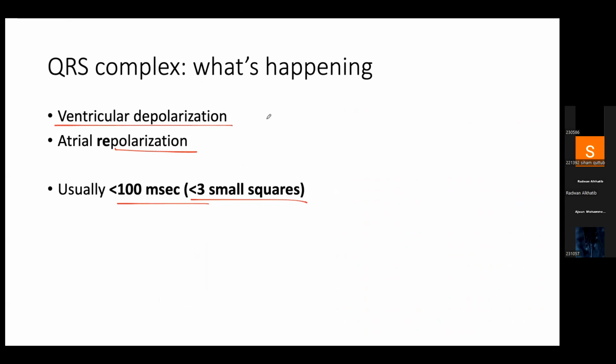Okay, that's a very good thought. I believe most likely it will be down, yes. All right. The question is, it's a hypothetical question of course, what could be the direction of deflection on an ECG if we could see the atrial repolarization?